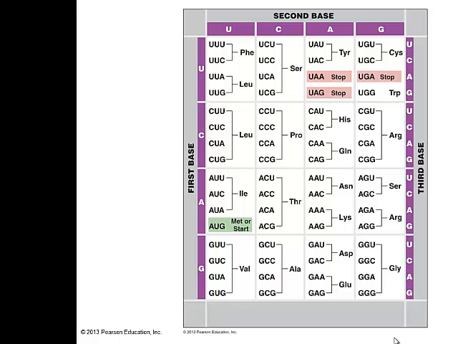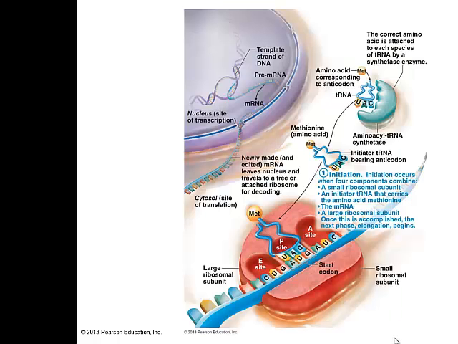There's 3 little places on your ribosome. So once I make a messenger RNA, that messenger RNA strand is going to go out to the ribosomes. The ribosomes are usually sitting on the endoplasmic reticulum. What do we call endoplasmic reticulum with ribosomes on it? Rough ER. And now I'm going to start the knitting process.